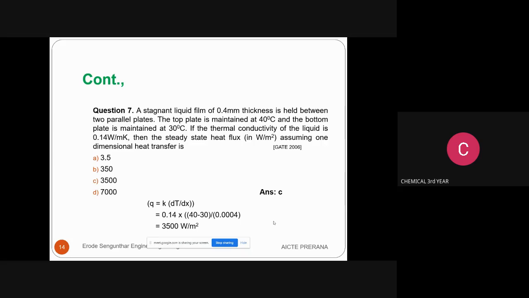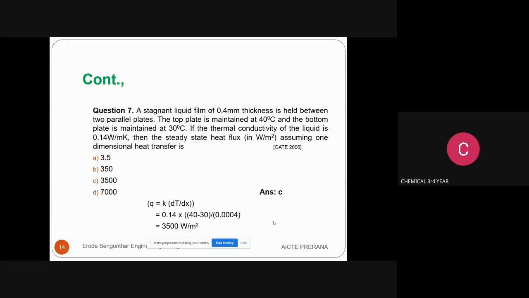A stagnant liquid film of 0.4 mm thickness is held between two parallel plates. The top plate is maintained at 40 degrees Celsius and the bottom plate at 30 degrees Celsius. The thermal conductivity of the liquid is 0.14 watt per meter Kelvin.